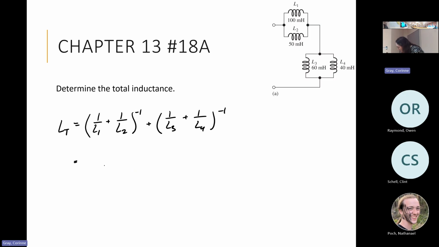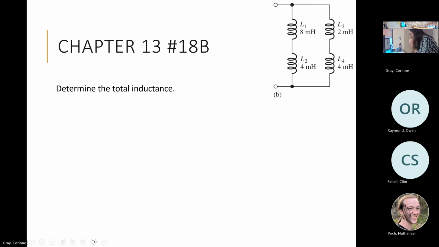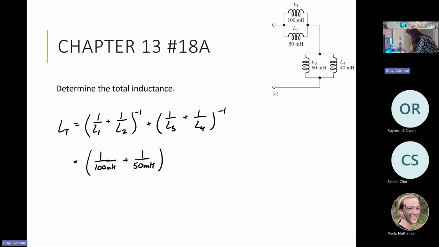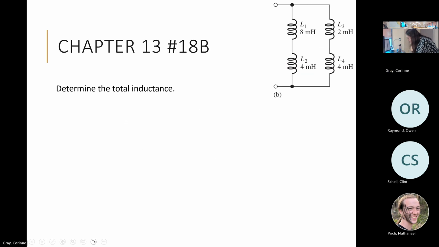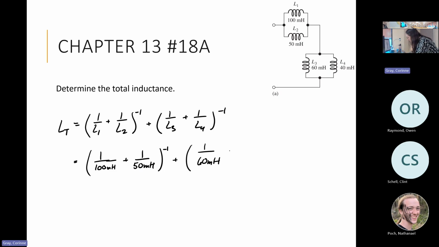So we'll have 1 over 100 millihenry plus 1 over 50 millihenry, that gets inversed, plus 1 over 60 millihenry plus 1 over 40 millihenry, inversed.